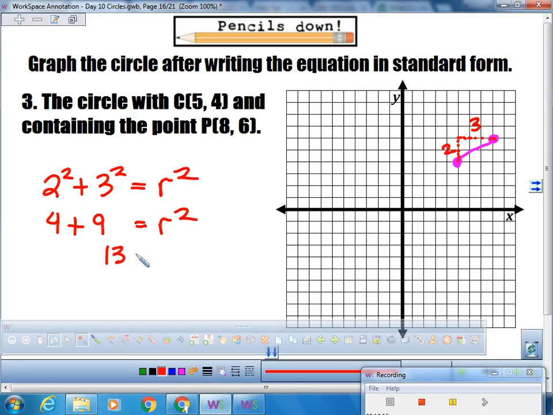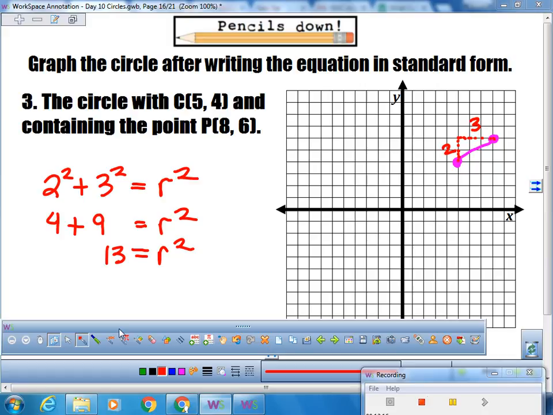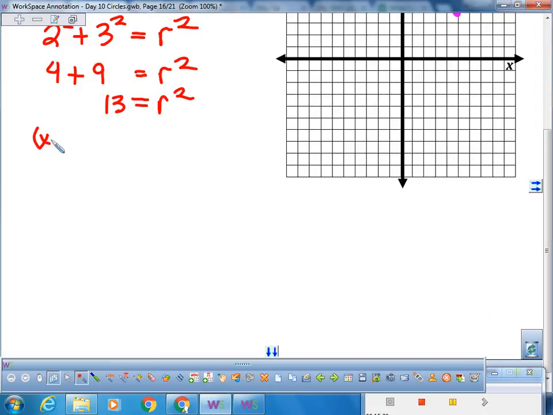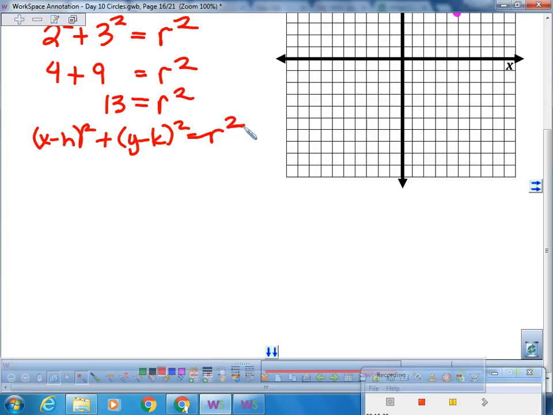So 13 equals r squared. Now the equation of a circle, if you remember, is x minus h squared plus y minus k squared equals r squared. Well, my r squared is 13, so I already have that piece.